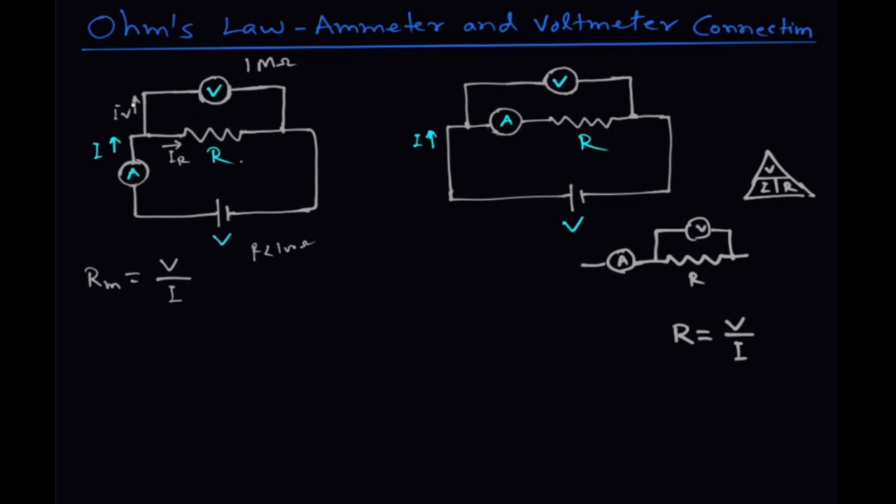So this current I_V is negligible. If the voltmeter is 1 mega ohm and this resistance is 100 ohm, or suppose 10 ohm, 15 ohm, then I_V will be very small, and I_R will be 1000 times I_V. So this current can be neglected.